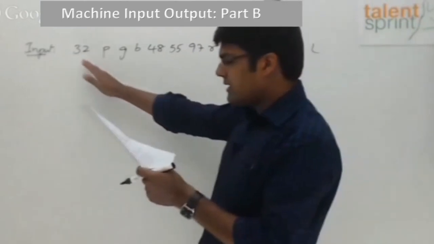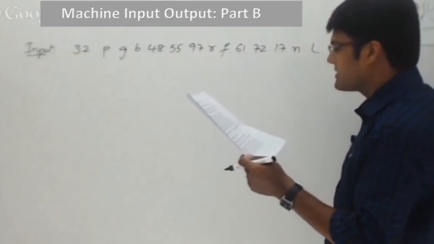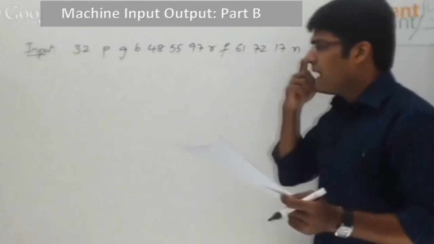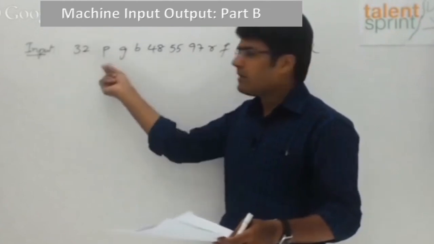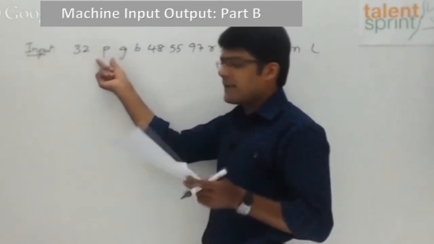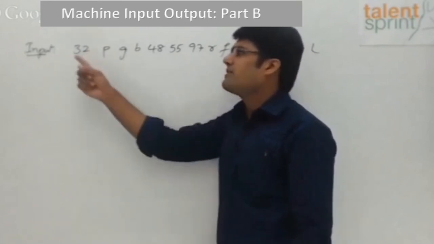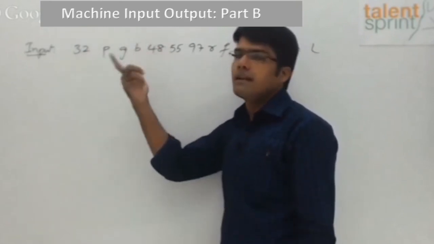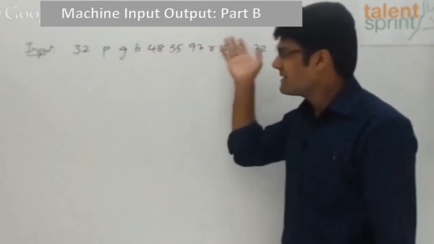So I think: 32 PGB, 48, 55, 97, RF, 61, 72, 17, nice, and life. And now some of you may ask me why I write the two-digit number. You can write a single-digit number. The idea here is we are not writing the word proud. We are simply writing P, so that we save time. Likewise, you don't have to write 32. You can only write 3 and save some time, right? So that's okay. You can just write a single-digit number.